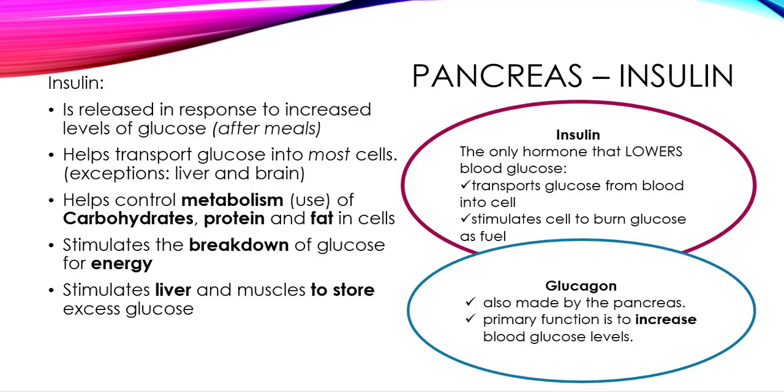Our bodies then detect that there is an increase in glucose, and so our pancreas gets a signal to make some insulin in order to lower blood glucose levels. The reason it's told to make insulin is because insulin helps transport glucose into the cells.